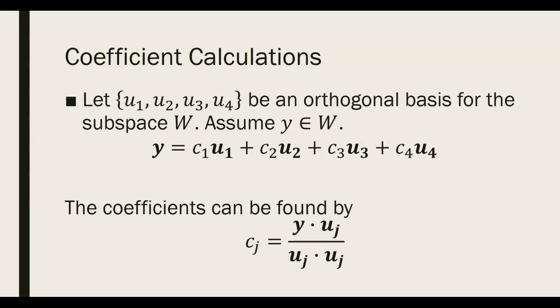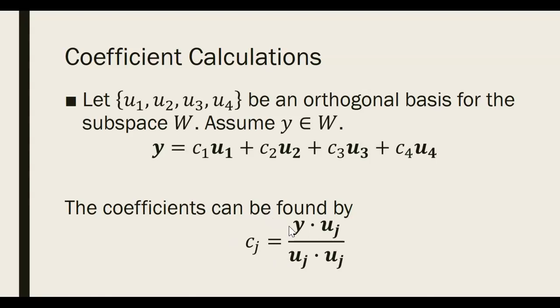So let's say u1, u2, u3, u4 is an orthogonal basis, and I write my vector y as a linear combination. It turns out the coefficients of each basis element have a really nice formula.